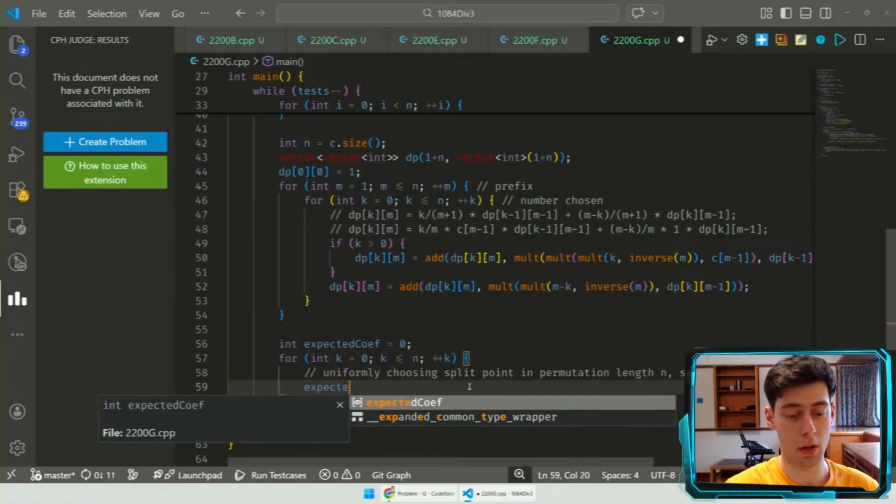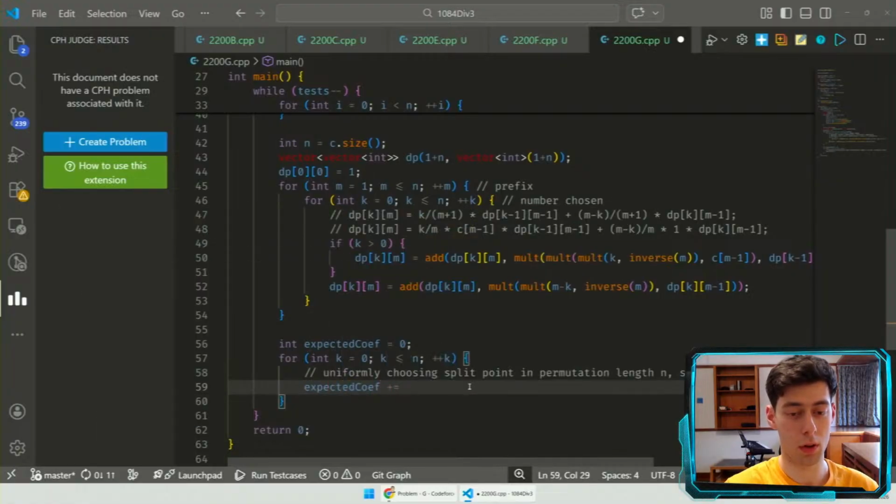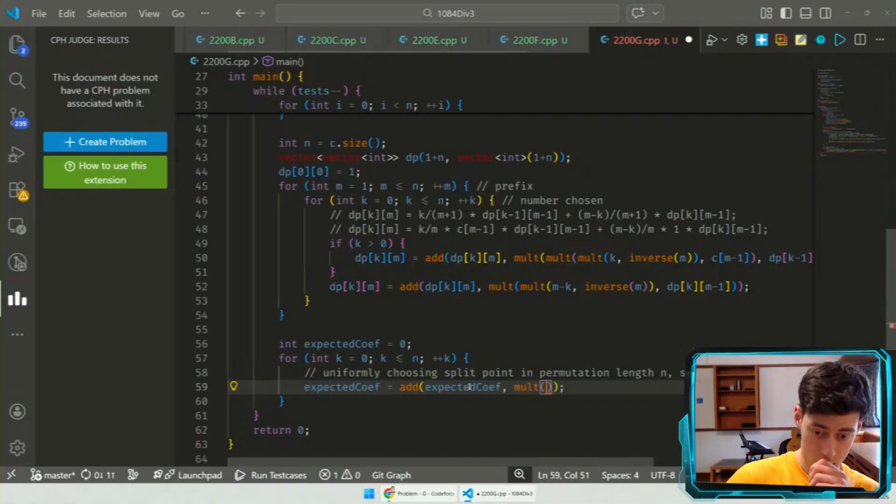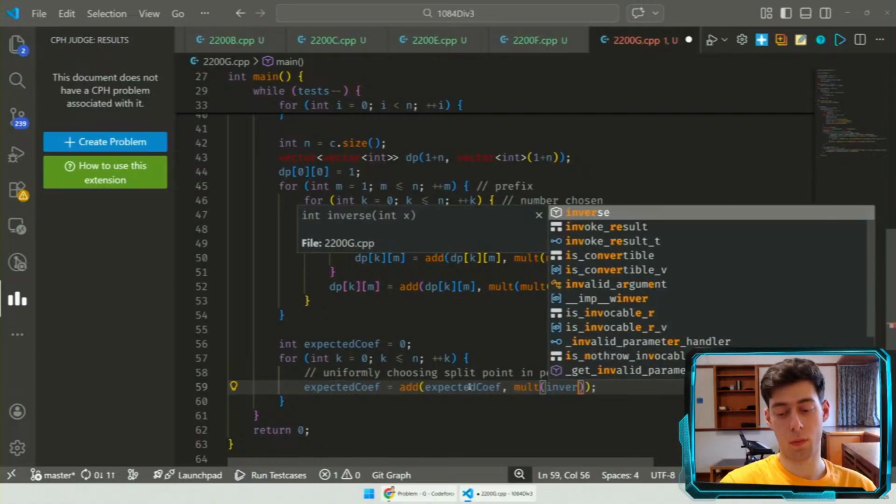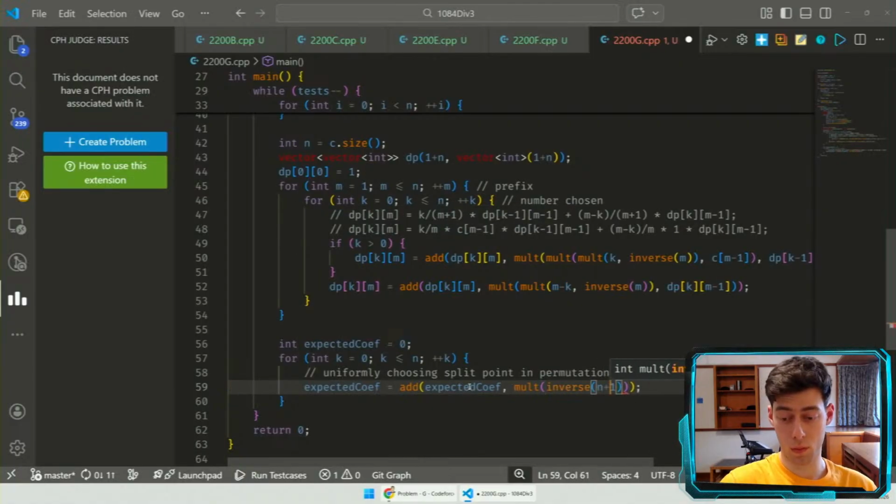So expected coefficient, I should really be multiplying by this at the end.